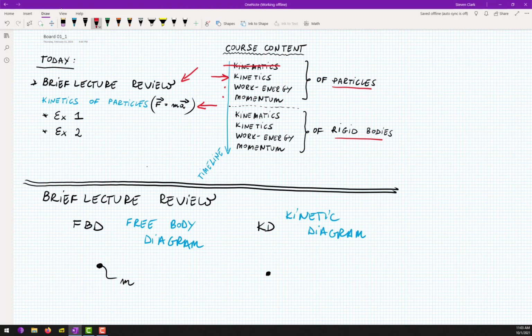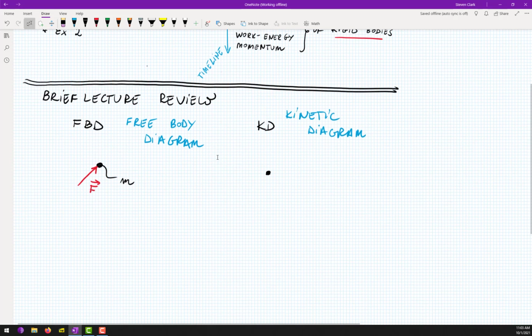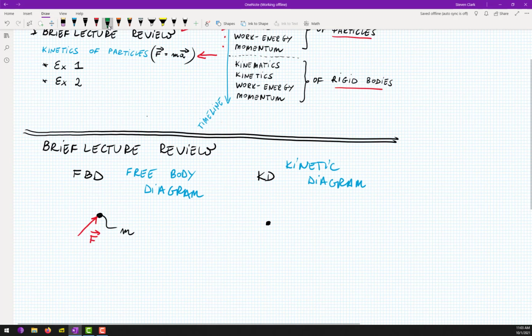Brief lecture review. This is what Professor Sani talked about yesterday. He said that we have a particle of mass m, and there is a force F acting on that particle. That force will cause acceleration of that particle.